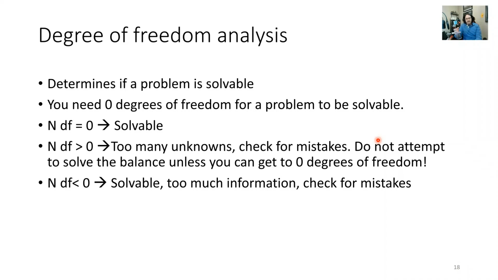Go back and check your degree of freedom analysis for a mistake, but don't even bother trying to solve it. If your degrees of freedom is a negative number, less than 0, it's solvable, and you actually have too much information, so go back and check for mistakes again.